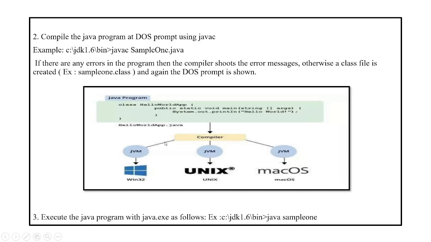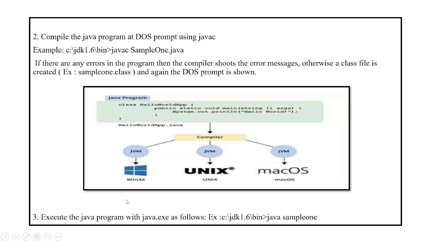Next, once the program is saved, we have to compile it. To compile, we use the command javac and the file name, that is Sample1.java. If there is any error, it is going to display the error messages, and if the program is correct, then a class file is created with the same name, that is Sample1.class, and again the DOS prompt is shown.